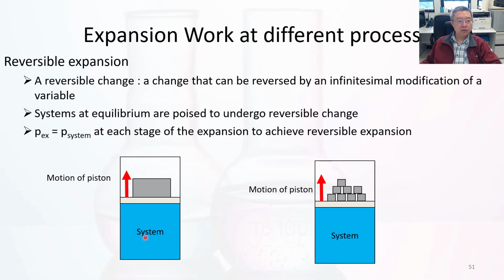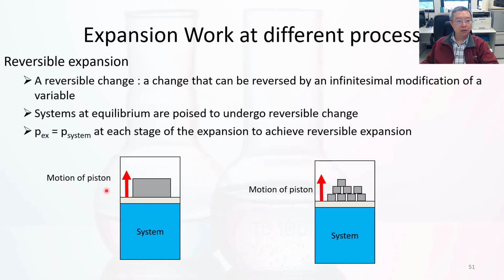Imagine a system with a gas at constant pressure inside. As the system starts to expand, if the temperature doesn't change, the internal pressure is going to drop. So to make this expansion reversible, the external pressure and internal pressure need to be equal, so the external pressure also needs to change.